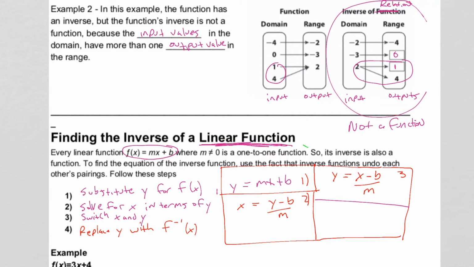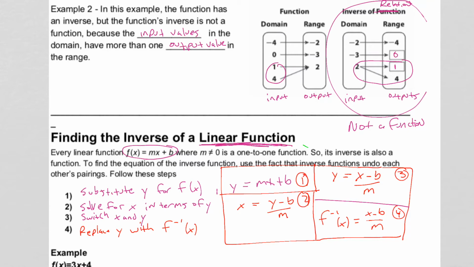So that's step 1, step 2, step 3, step 4. And there you go. That would be the 4-step process to make an inverse of a linear function.